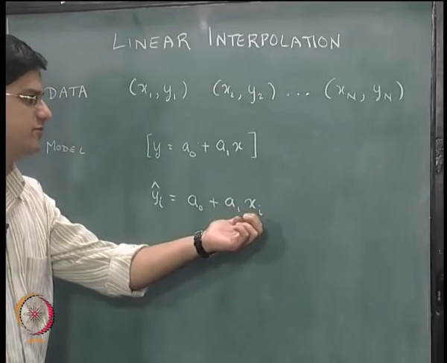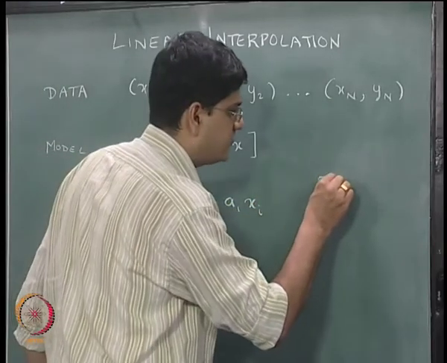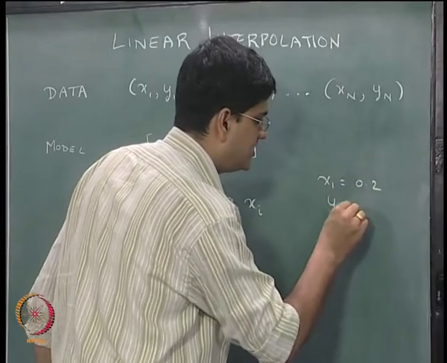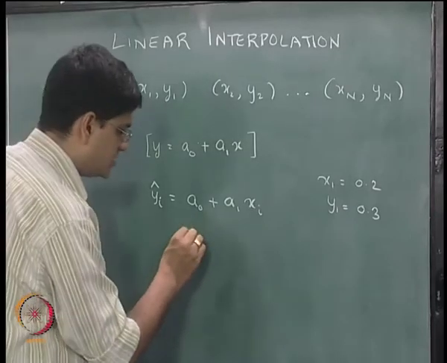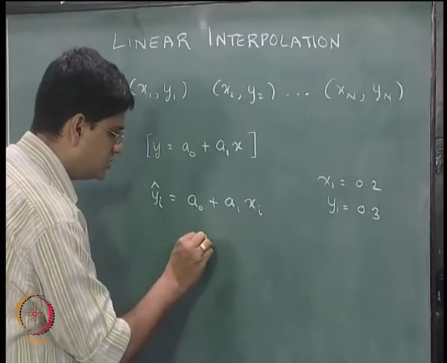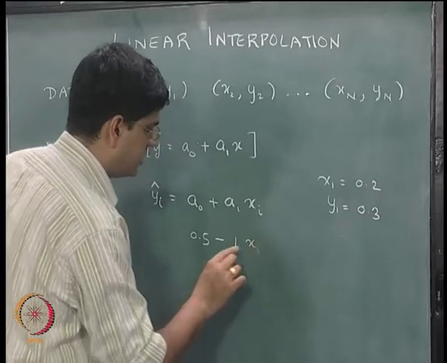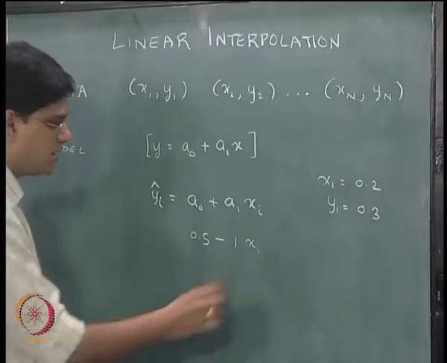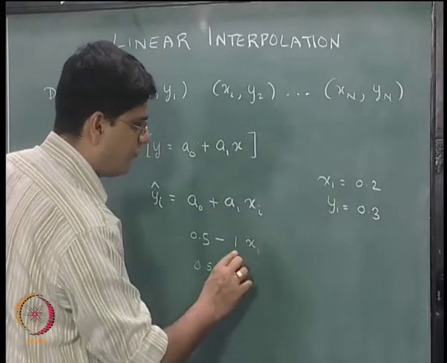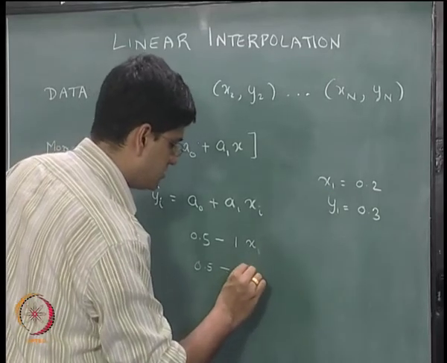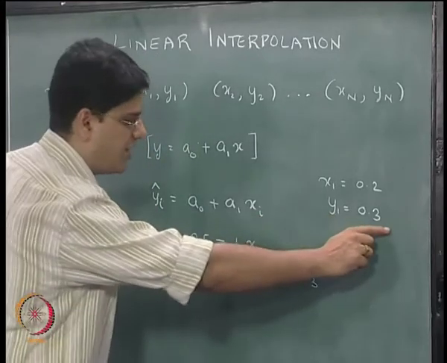So, if we substitute the x1 value of 0.2, let us say the functional form over here was 0.5 minus 1 times x. Then substituting x equal to x1, we will get 0.5 minus 1 into 0.2, that is 0.3, which is exactly the same as y1 that we had earlier.